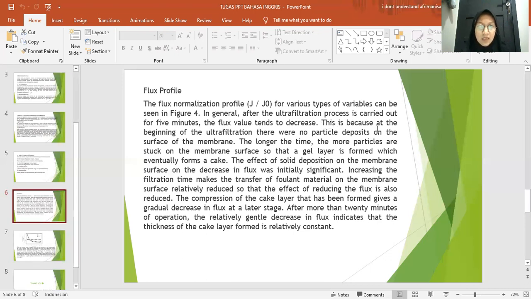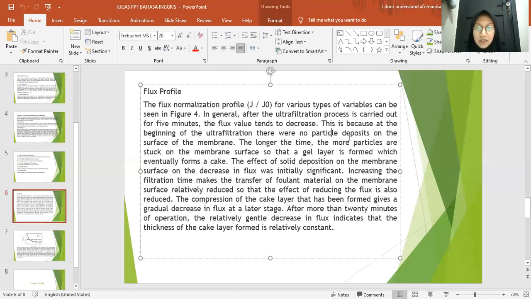This is because at the beginning of the ultrafiltration there were particles on the surface of the membrane. The longer the time, the more particles are stuck on the membrane surface so that a gel layer is formed, which eventually forms a cake.